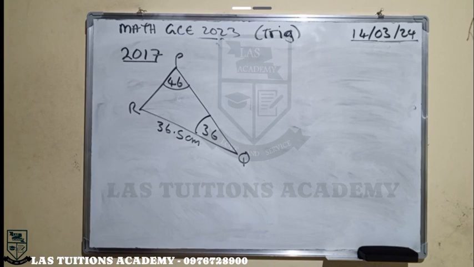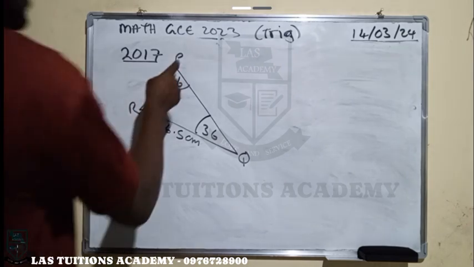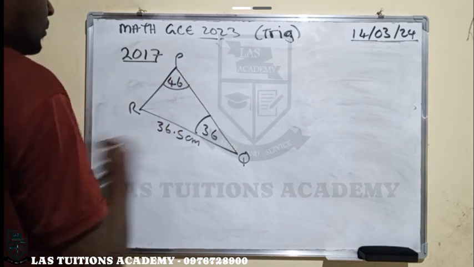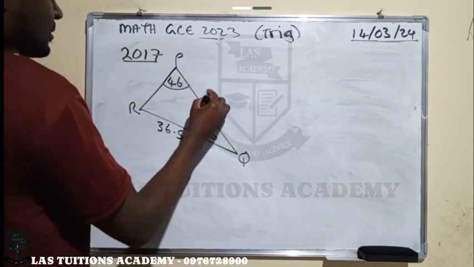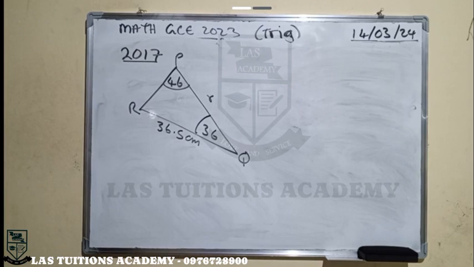Then we are asked to find PQ, this side PQ, which is opposite to R, so this is the small letter r. So we are asked to find r.